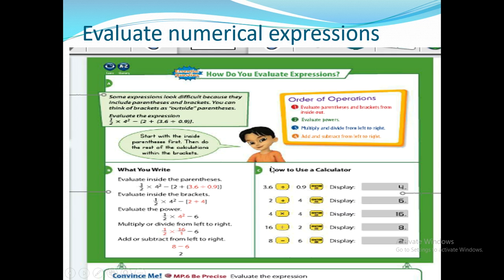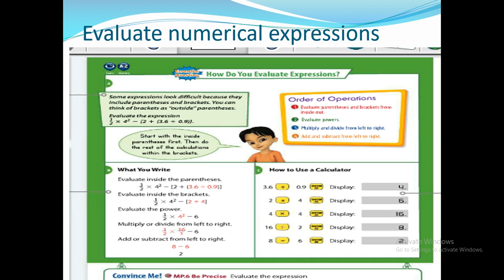Here we start. Order of operations: we have to evaluate first the parentheses and brackets, which we call grouping symbols, then evaluate exponents or powers, then multiplication and division from left to right, and finally add and subtract from left to right.